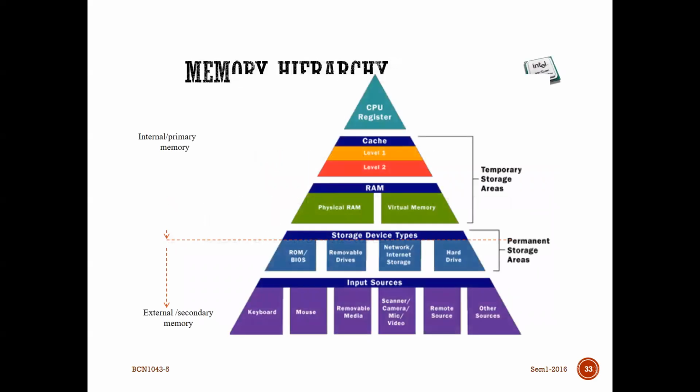Here is the memory hierarchy. From the CPU, the data is stored in the cache, physical RAM and virtual memory, before we store it in a permanent storage area. In our computer or laptop, we are using a hard drive. Another place to store permanent files is internet storage such as OneDrive, Google Drive.